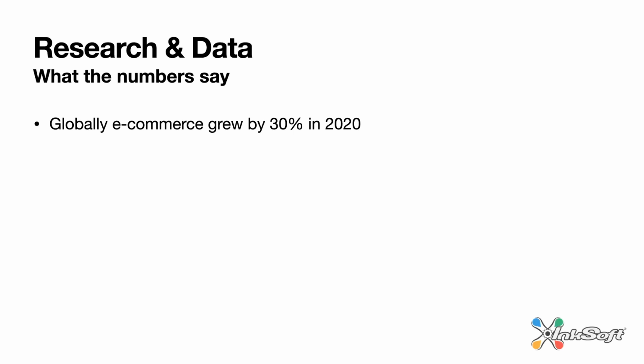Let me give you some other facts and figures here before we get into the balance of our presentation. So we talked about e-commerce is booming. And of course, that was the most positive economic news of 2020 and will continue to be very positive in 21. So in this case, global e-commerce grew by 30% in a single year in 2020. Now, of course, that's a bit abnormal growth because of the demand of ordering goods and having goods delivered, as again, people were contending with lockdown orders or working remote.